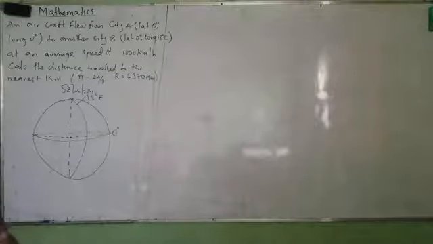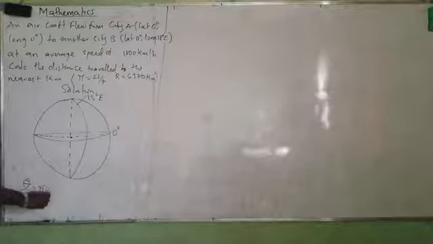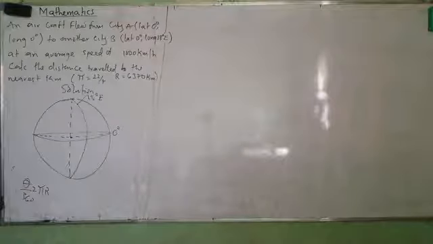The distance is just like we are talking about my theta. What we are trying to do is theta over 360 times 2 pi big R, which is the distance we are talking about.